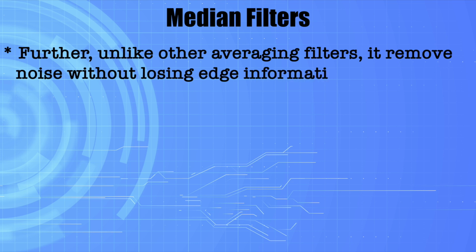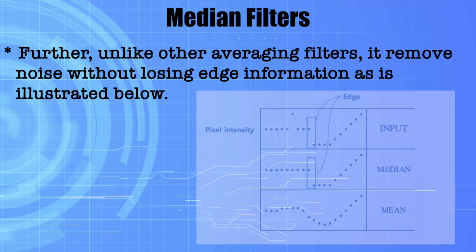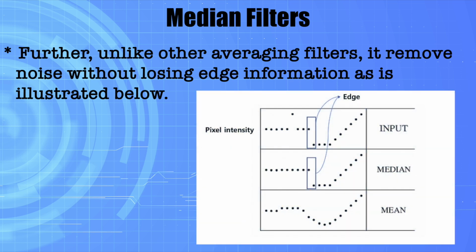Unlike the averaging filter, it removes noise without losing edge information. This is important because if I apply a filter, the edges of the image should not be lost. If edges are lost in the filtering process, then it is not a good filter.